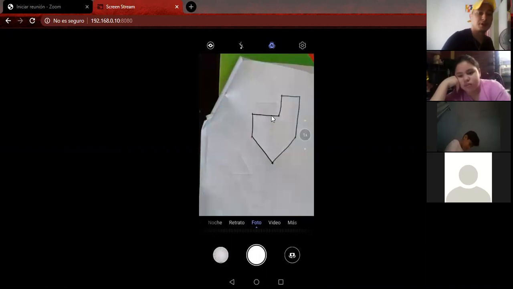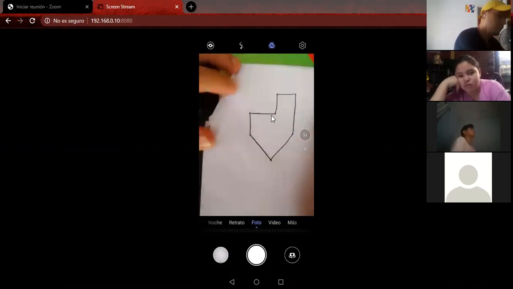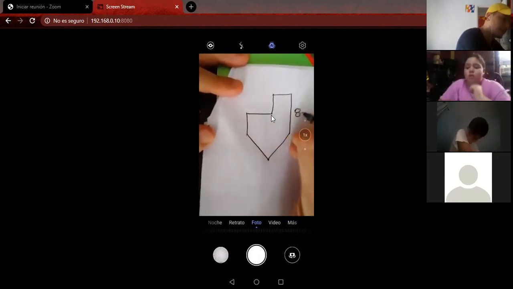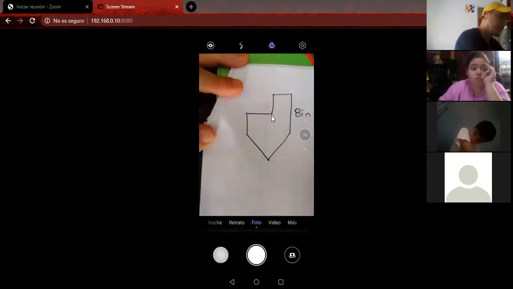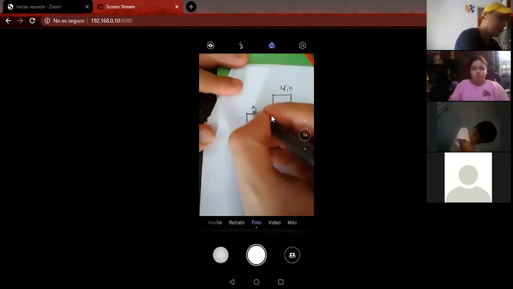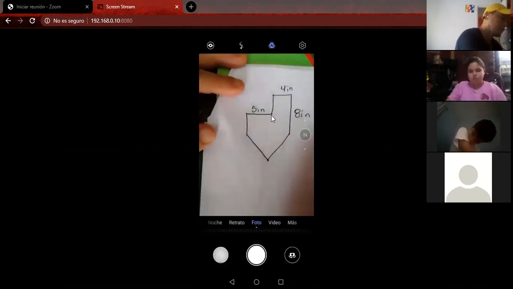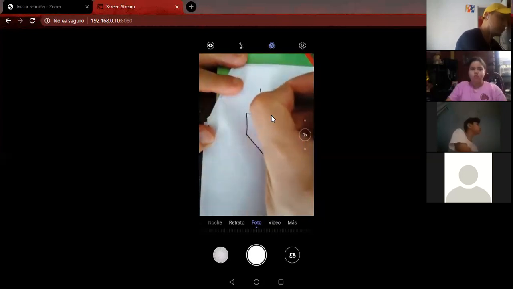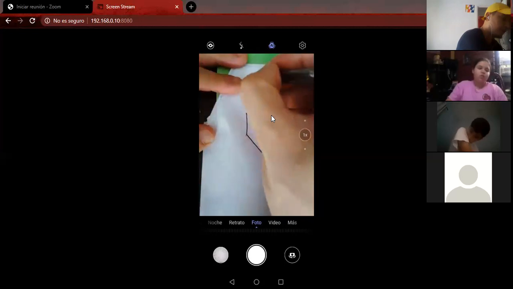For example, this, guys. But in this case, I need to find my area. Okay? I can give you this like, let's see, 8 inches. This can be like 4 inches. This is 5 inches. Let's suppose este que está acá, it's 4 inches.